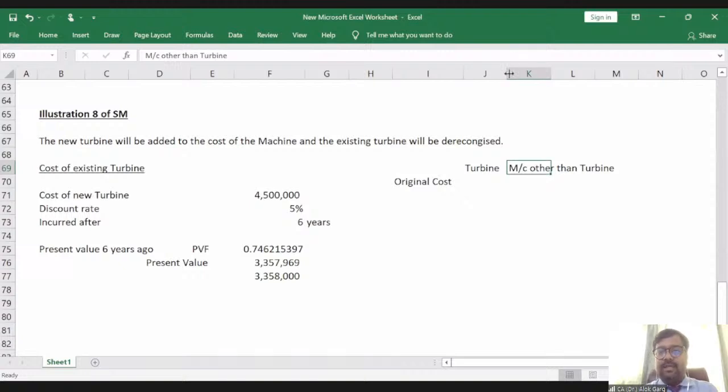So turbine and machine other than turbine. Clear? And write down the total cost here. Turbine, machine other than turbine, and total cost.